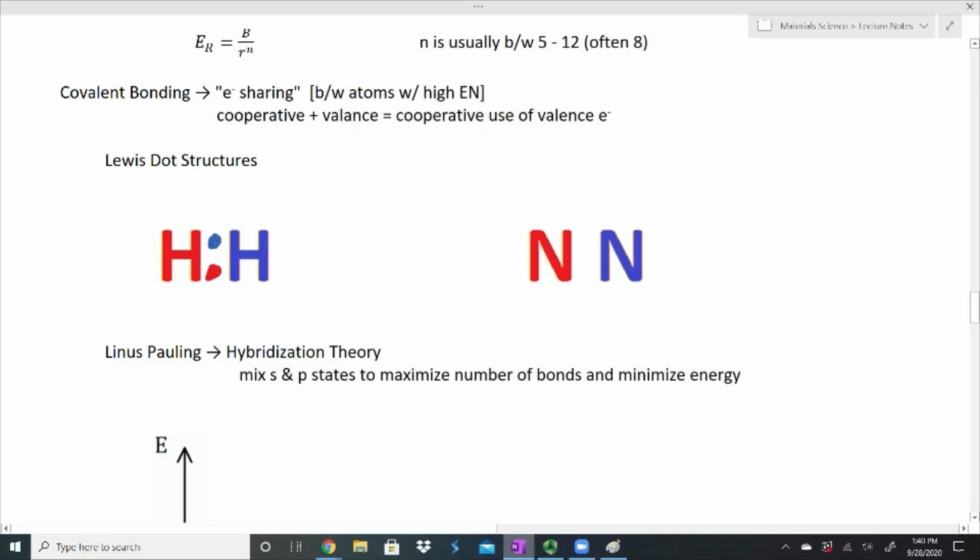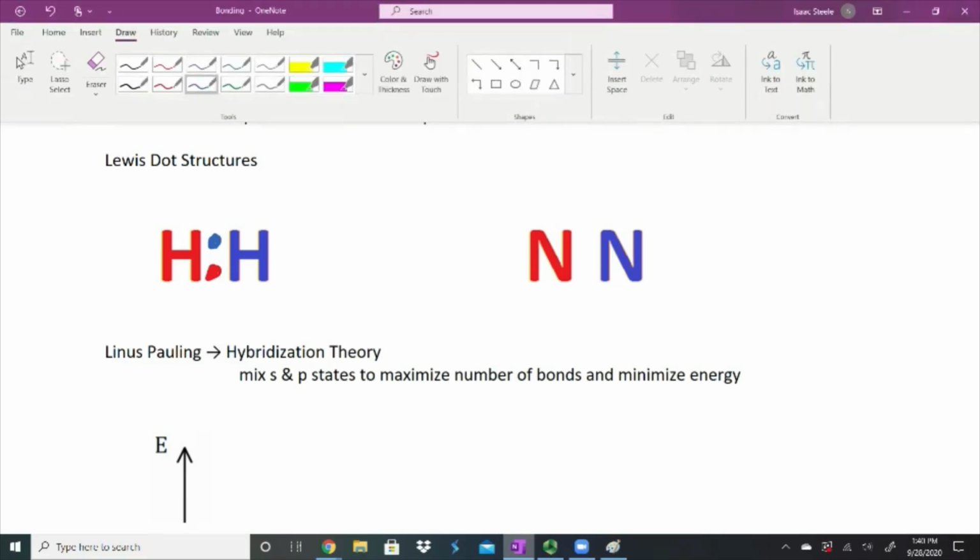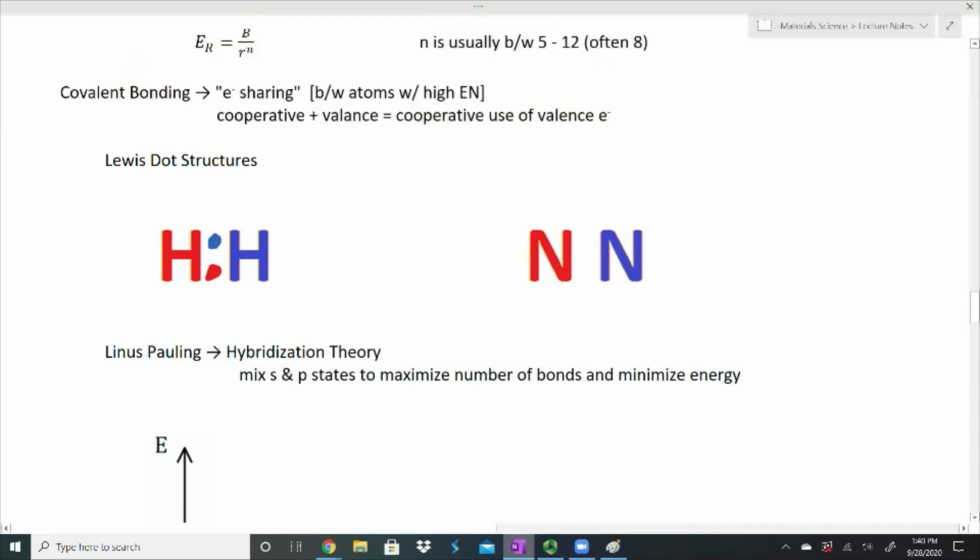Now the idea here is each hydrogen, for it to be stable, wants to have a full valence shell. It wants to have the electronic structure of a noble gas. The noble gas that's closest to hydrogen is going to be helium. And so what we want is the electronic structure of each hydrogen by itself to be looking like helium. Helium has 2 electrons.